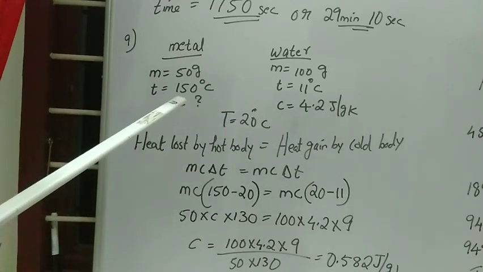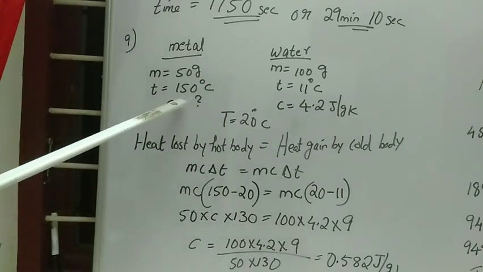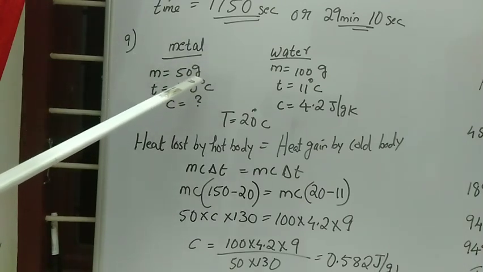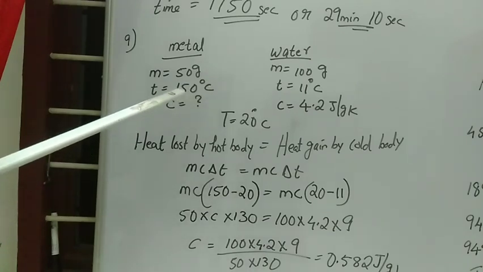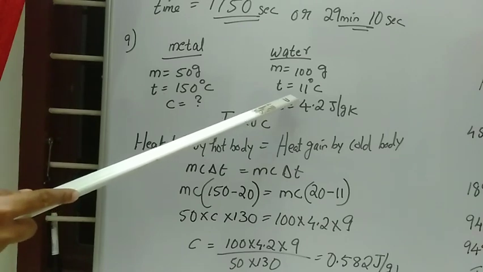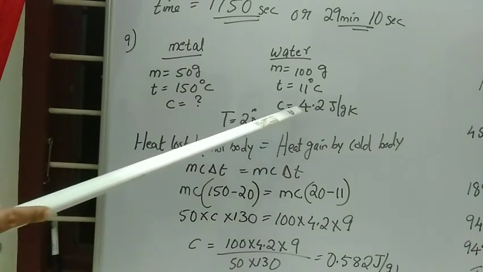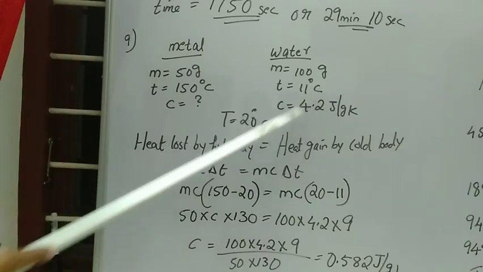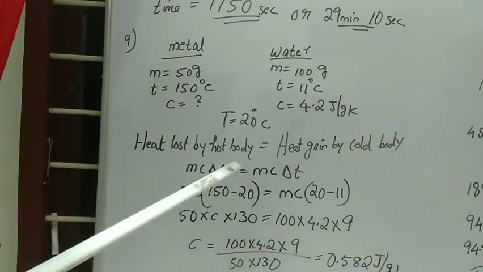Now here you can see the metal is at 150 degrees, that is high temperature. So this 50 gram metal with high temperature is going to be immersed in cold water, 11 degrees Celsius, you know, it is very cold water. So basically what will happen?